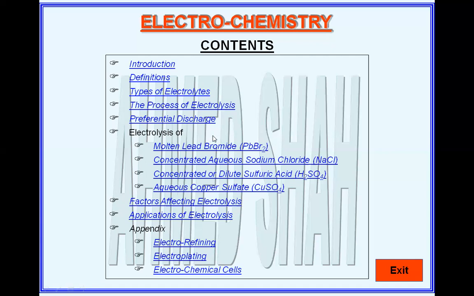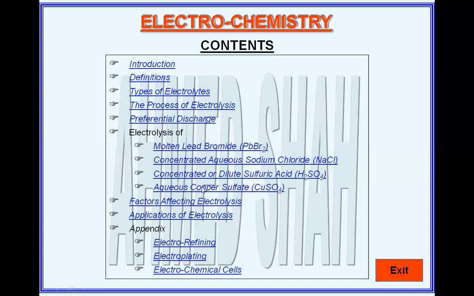And in part 3, we discussed when electric current is passed through concentrated aqueous solutions of ionic compounds like NaCl, similarly sulfuric acid or HCl acids, or dilute aqueous sulfuric acid, nitric acid, HCl, HBr, or NaCl, etc. In part 4, we discussed the aqueous copper sulfate solution.